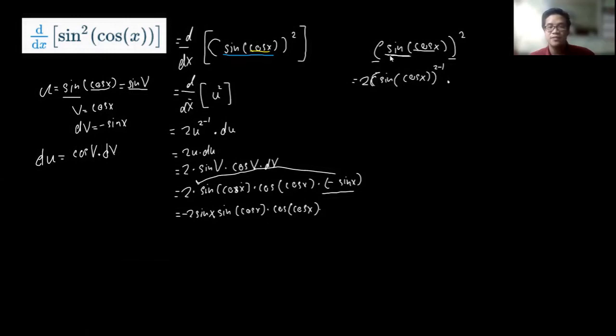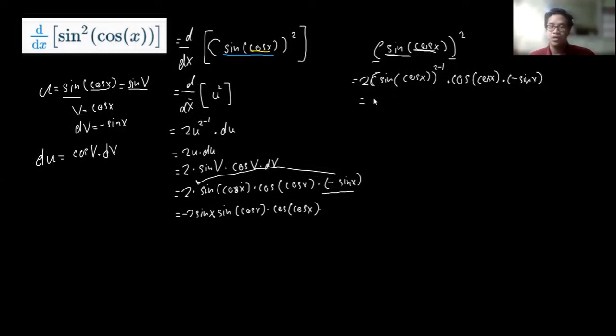So what is the derivative of sine, which is the inner part? This is cosine of, copy the input, cosine x. Then times, now the last part, derive the innermost, which is negative sine x.